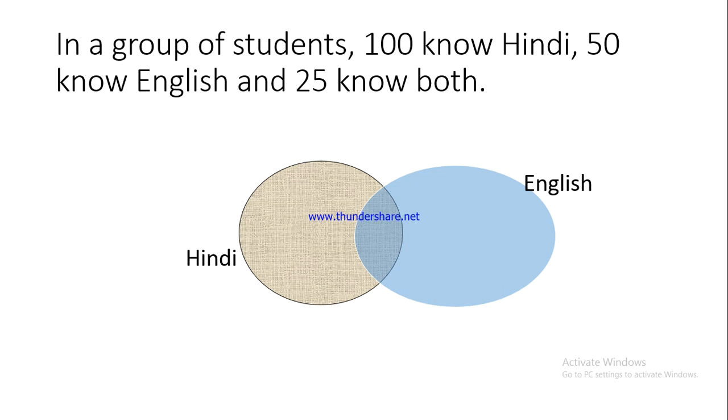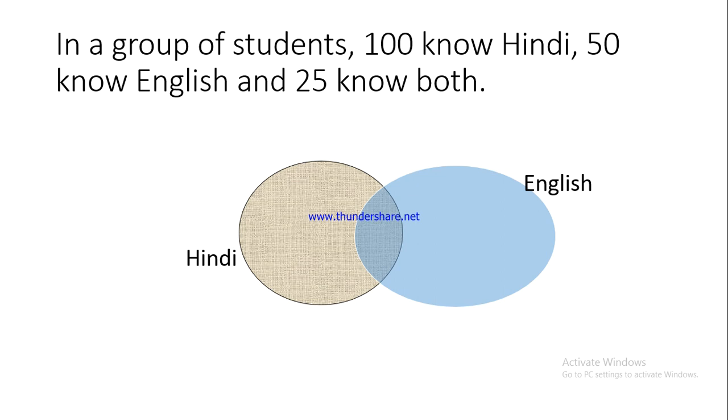In such a case, also you need to draw the same kind of diagram. The only difference would be that the value that will come for the overlap area would be equal to 0, and that will tell you that there is simply no overlap, or there is no student who knows both Hindi as well as English, right?